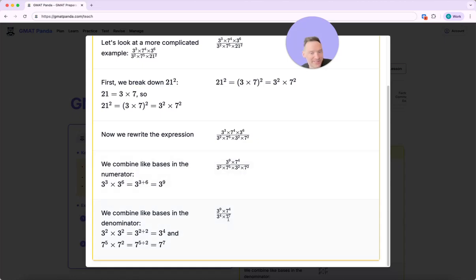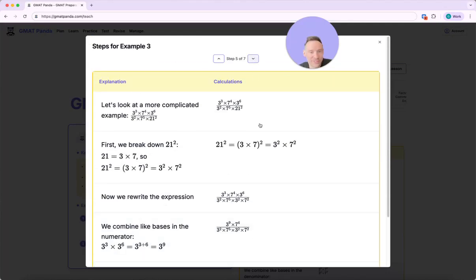And the 7s, we've got 7 of them in total. Now notice that we're keeping the 3s and the 7s apart here. And that's common in the GMAT. You don't want to try and combine these different numbers together. You keep them separate, and often you'll find that the answers have just exponents of different bases.